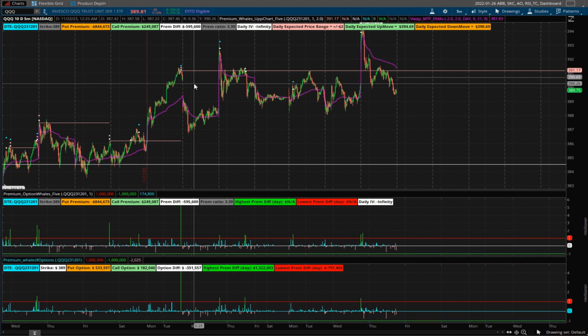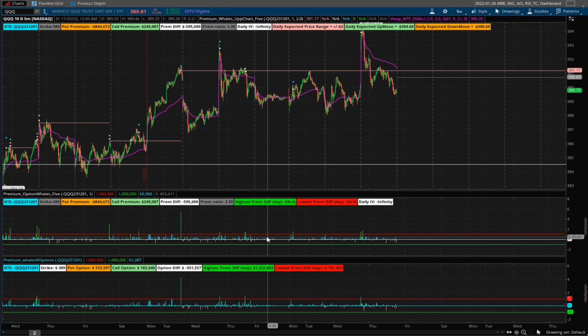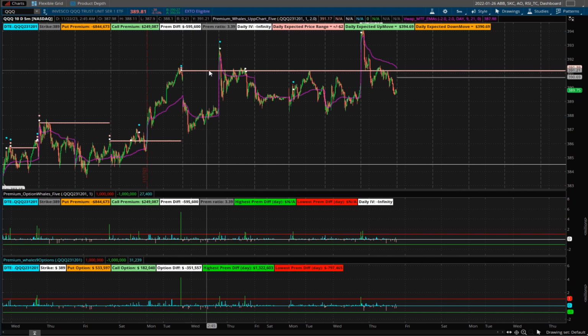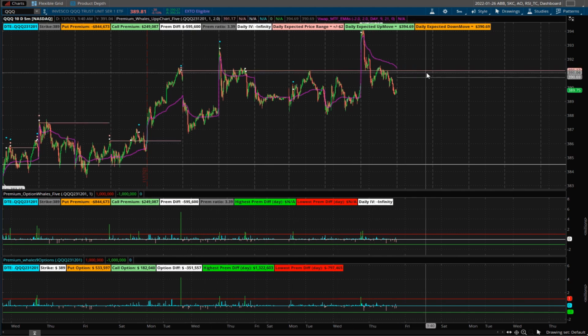Okay, the next thing is this line. We are looking at the same green bar, the 5 million option flow, so it creates a line until the next 5 million comes in.